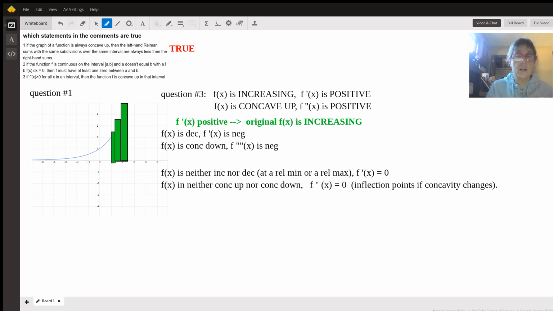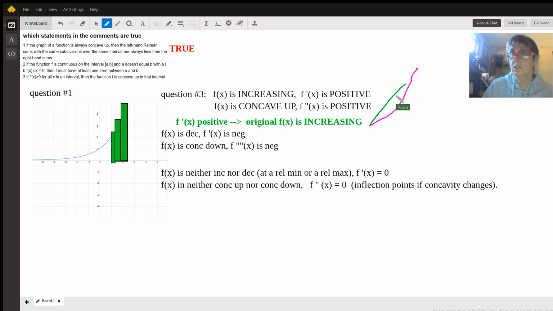It says nothing about the concavity, because I can draw you a function that is increasing. Let's make it green and thick. Here's what it means for the original function to be increasing. I can have an increasing function that is concave up.